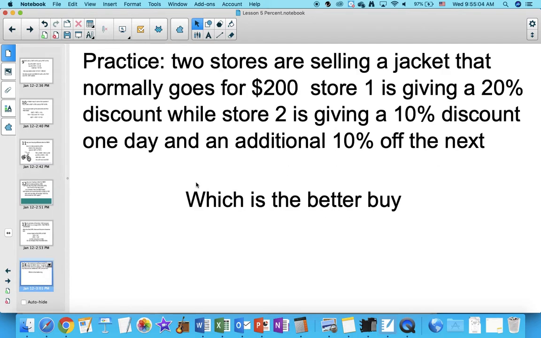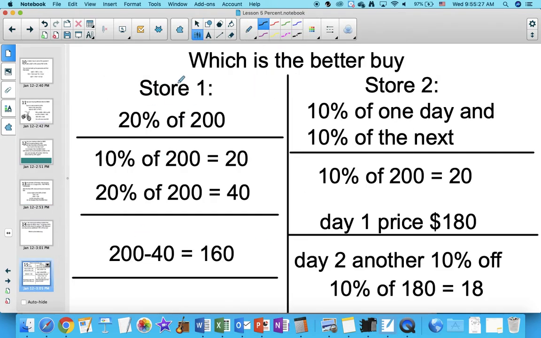So, two stores are selling a jacket that normally goes for $200. Store 1 is giving a 20% discount, while Store 2 is giving a 10% discount one day and an additional 10% discount the next. Which is the better price? From the previous example, you should already be able to find the answer, but let's try and solve this. So Store 1, we have 20% of 200.